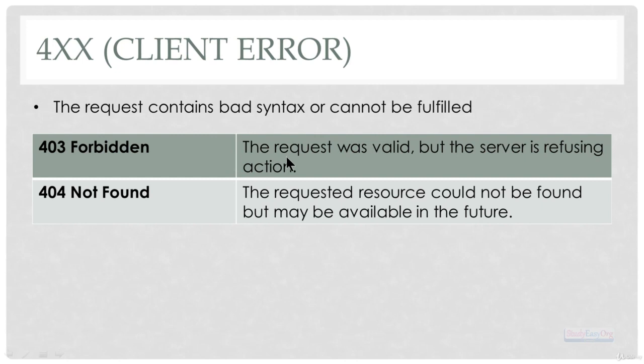In other words, we are a logged in user but we don't have proper permission to perform the action. Then we have the 404 Not Found error. This is a very famous error, possibly known to you as well. It means that the requested resource could not be found and may be available in the future.